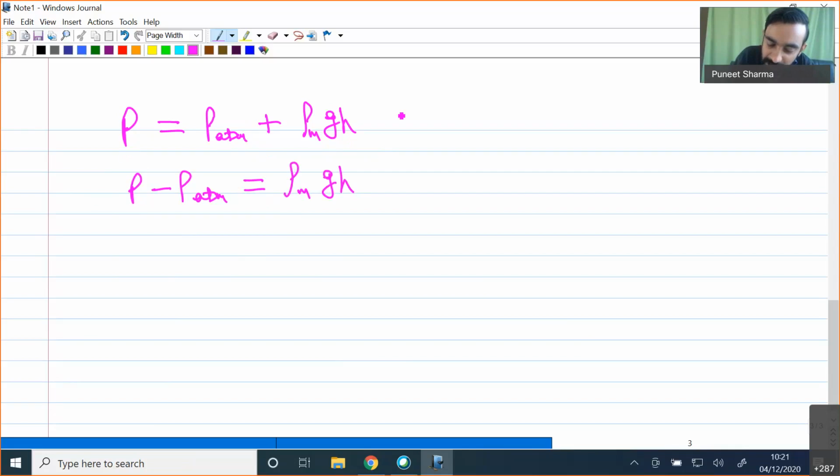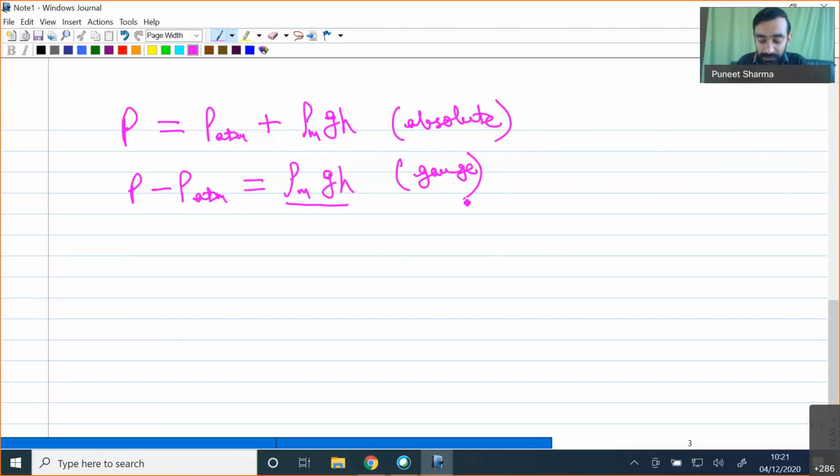So this value of gas pressure is on our absolute scale. This is our absolute pressure. And when we measure the pressure of the container with reference to atmospheric pressure, this rho GH value represents the gauge pressure.